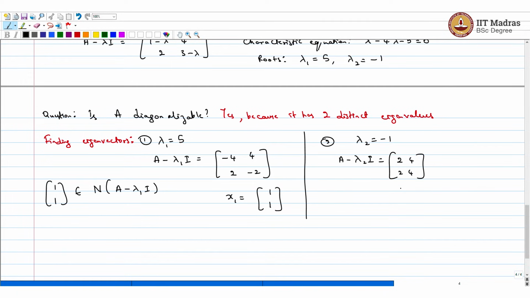I can take minus 2 times the first column and 1 times the second column. So, minus 2, 1. This is one possibility. 2, minus 1 will also work. It belongs to the null space of A minus lambda 2 I. So, x2 equals minus 2, 1.